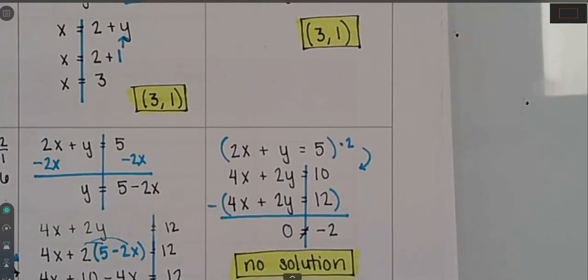Alright, it looks like team 1. Congratulations, you're the winners. Team 1. Are you on team 1? Yes, you are. Team 1 won.